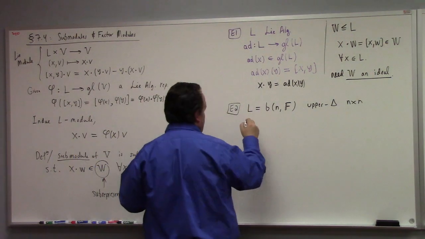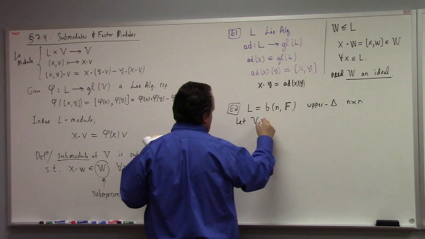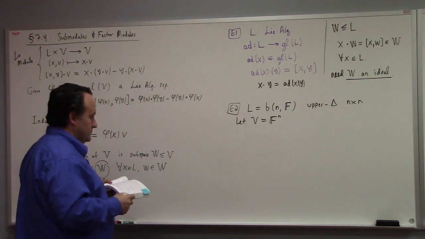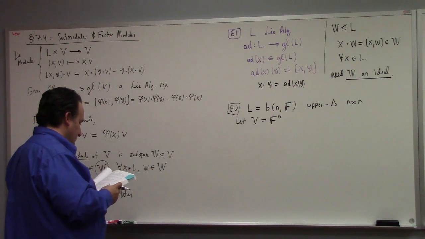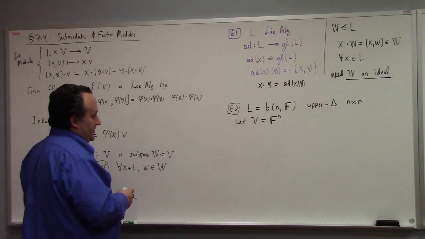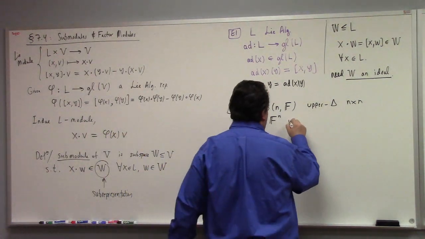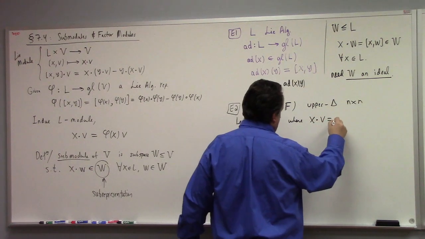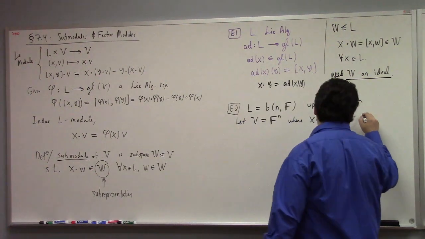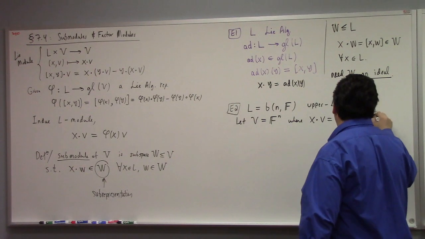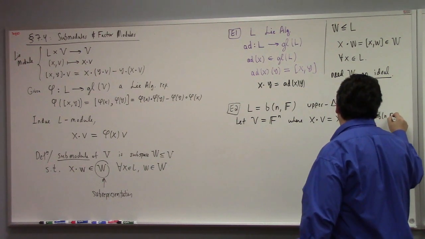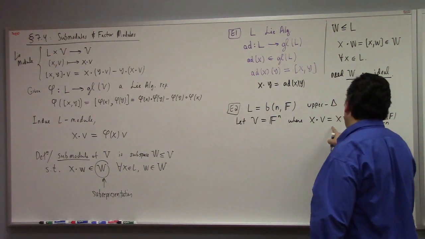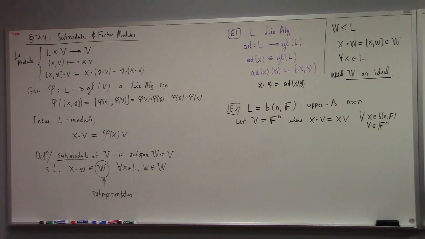In other words, let V equal to F^n. And so what's the action of L here? If we do x dot v, it's just equal to xv, for all x in b_n and v in F^n. This is matrix multiplication, right?